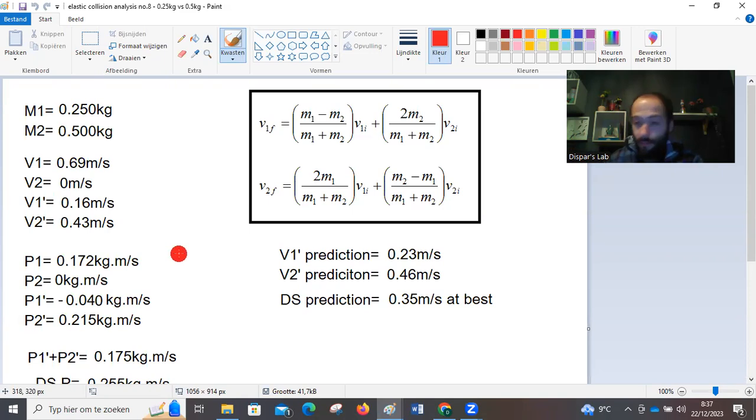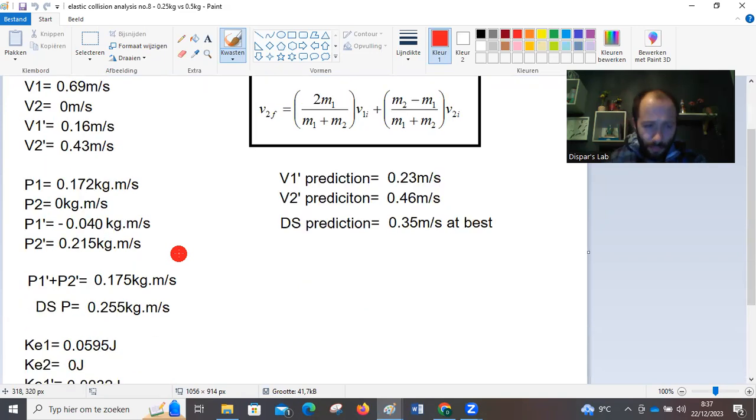However, let's compare models again. According to Draftstein's model, momentum is treated like a scalar, so the direction does not matter. We have to add momentum always, doesn't matter what happens.